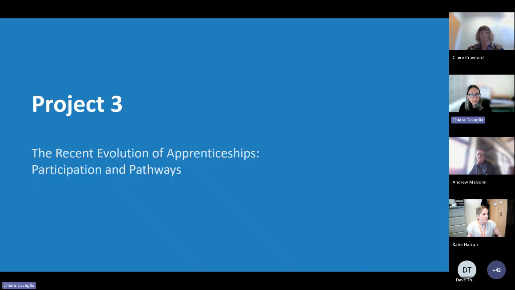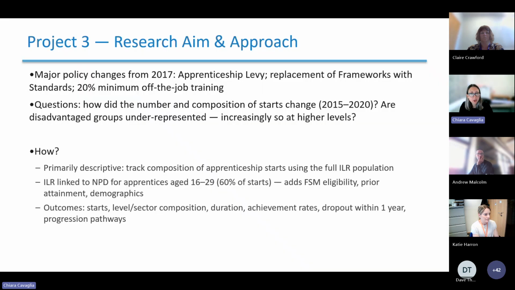And then finally, a third project on the evolution of apprenticeships. So this is again going back to apprenticeships, but this project is slightly different from the first in the sense that it is using the ILR on its own and ILR linked with NPD data.